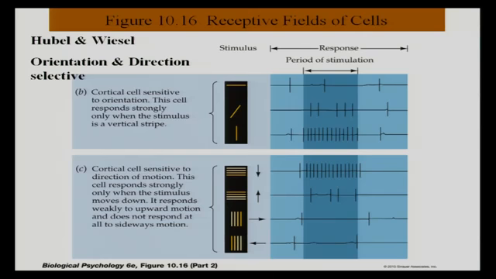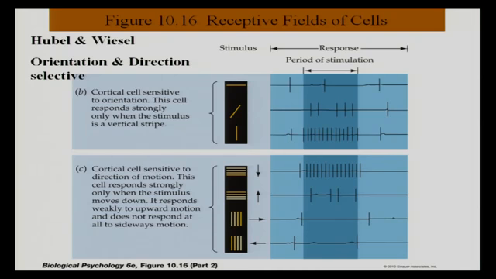In this case, it's a little grating moving down across the receptive field, a bunch of action potentials. When I take the same orientation grating and move it up, the cell didn't respond. So if you take a vertical set and move it across that way or that way, you get no response.